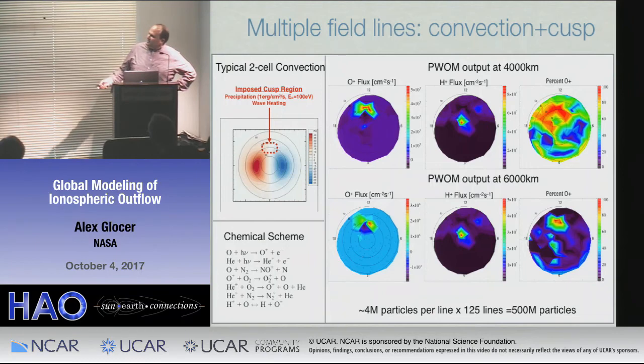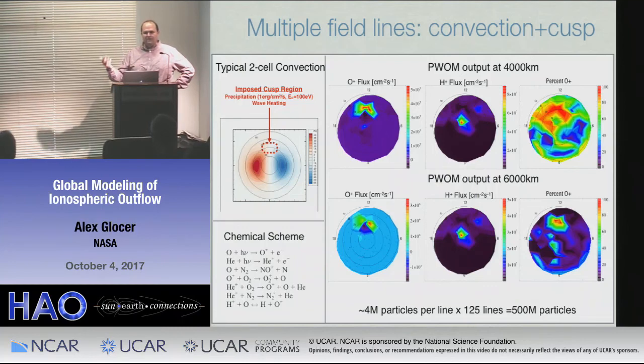And the idea is that the soft electron precipitation that's giving you enhanced density in the cusp region is mostly creating O+. And then the H+ is largely being created by the accidentally resonant charge exchange, H+ O giving you H O+. This goes two ways. So I think what's happening is you're producing enhanced O+ at low altitudes in the cusp, and you're dragging that O+ poleward.